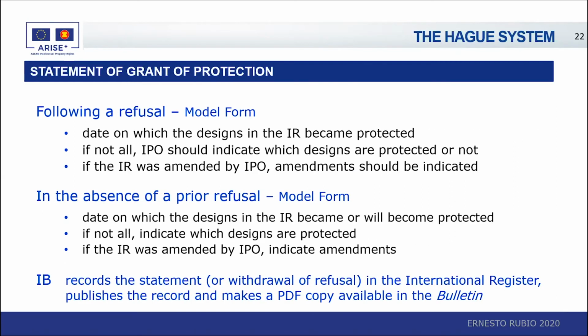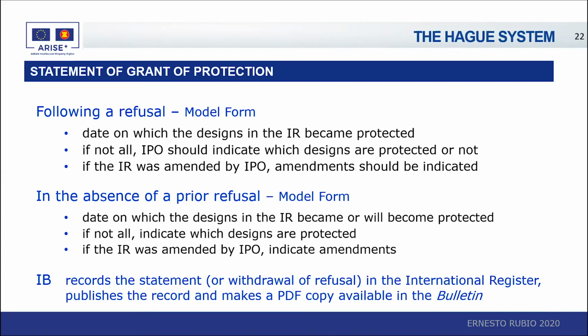Your office may also issue what is called a statement of grant of protection instead of a withdrawal of refusal. A statement of grant of protection, in fact, may be sent following a refusal or even in the absence of a refusal. And there are model forms as well to be filled in to notify such statements of grant of protection to WIPO.